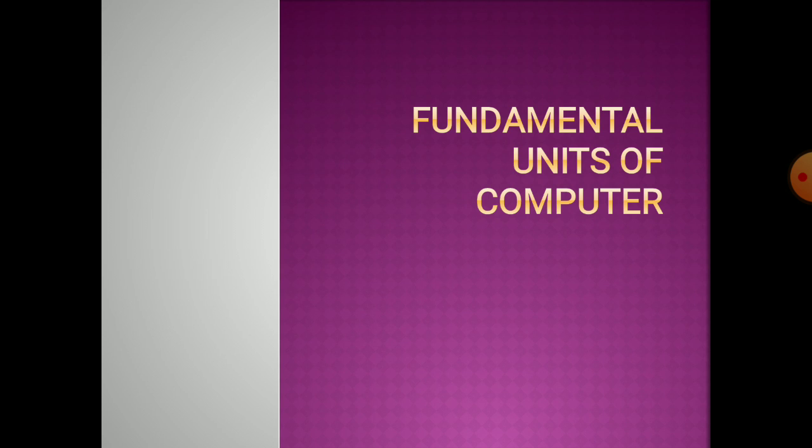In the computer, we have totally 8 characteristics: speed, memory, storage, accuracy, versatility, automation, diligence, and cost effectiveness. We studied the meaning of each characteristic, how it works, and how it affects your computers.